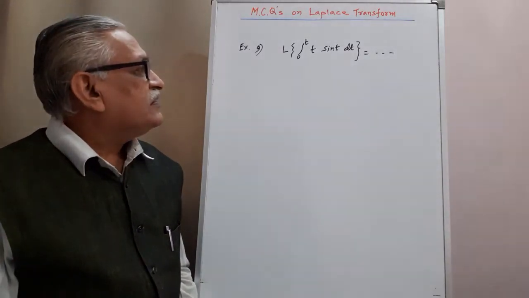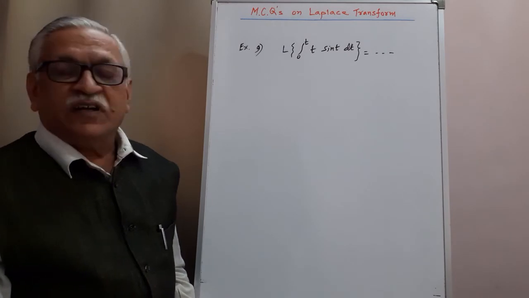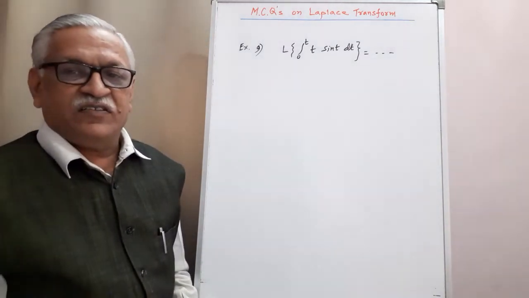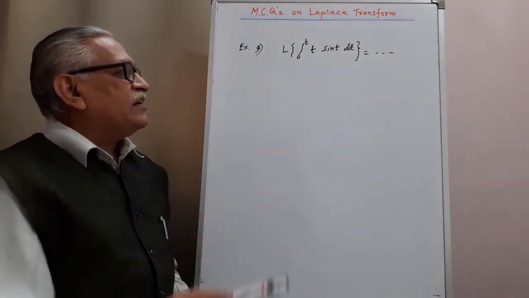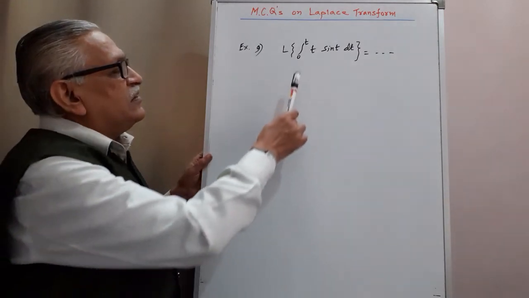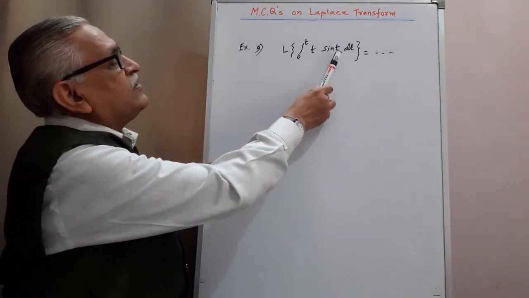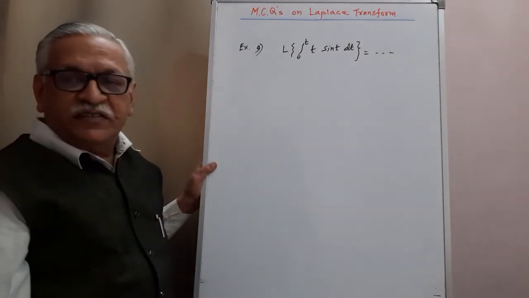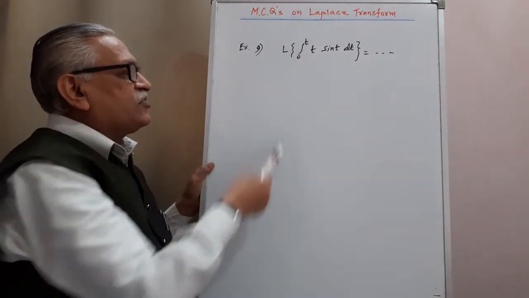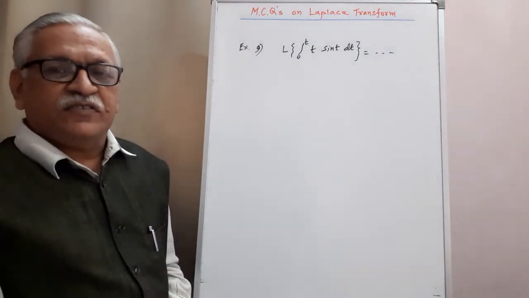Example number 9. Find the Laplace transform of the integration from 0 to t of t sin t with respect to t. If you observe here, it is a combination of two properties or two theorems. The function f of t is multiplied by t, so we have to apply that first, and then it is the integration of that f of t.